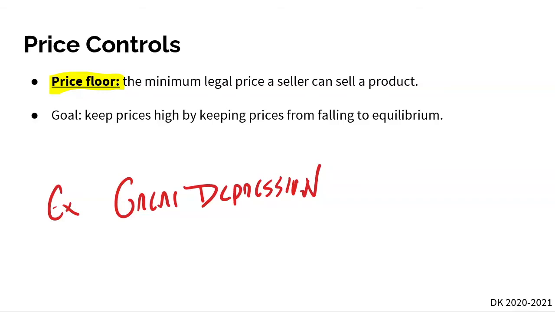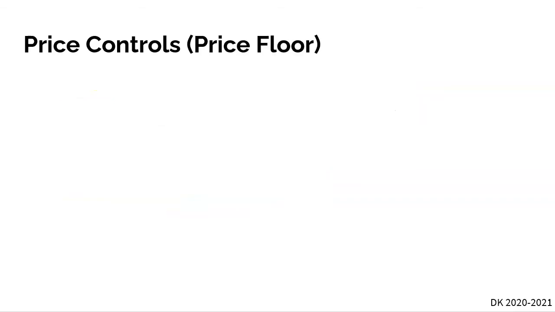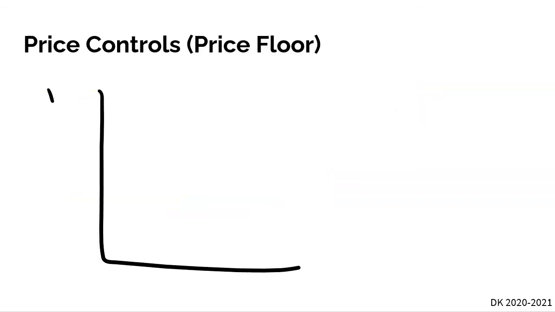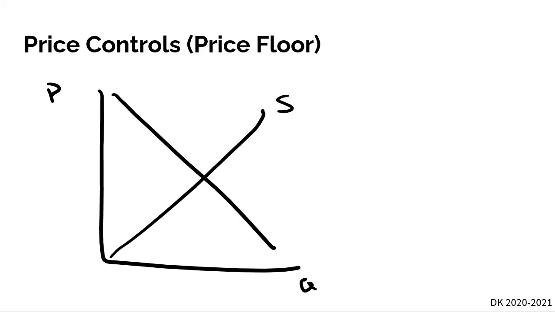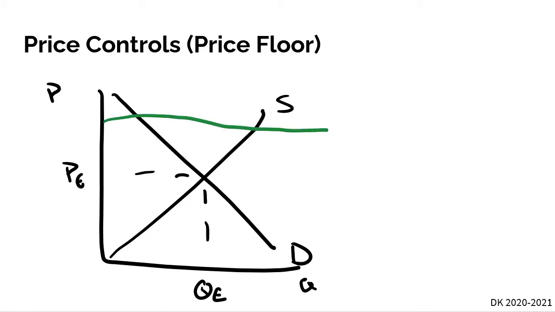And so what does this exactly look like on our graph here? Yet again, just like always, price, quantity, upward sloping supply, downward sloping demand, and then where they meet is our equilibrium price. And so our price floor, we'll do this in green here, is only effective when it is placed above equilibrium.